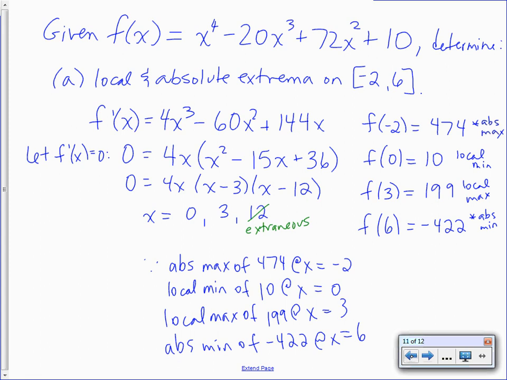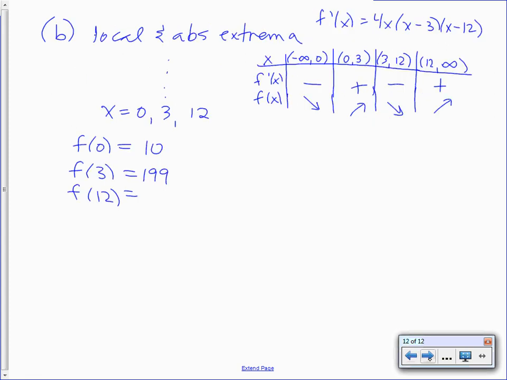Because I got like 65,000 on my calculator, and I already went, that makes no sense. So okay, 12 to the 4 minus 20 times 12 to the 3 plus 72 times 12 squared plus 10. This is better. I got negative 3,446. Okay? As people laugh at me. That's a number. Don't diss negative 3,446. What's he ever done to me?